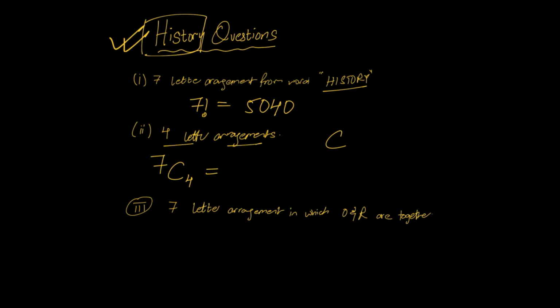These are the number of selections for 4 letters, which are 35 out of 7.